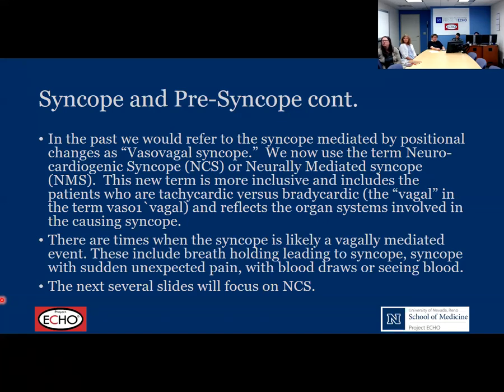So now we talk about it as neurocardiogenic syncope, which is the term I use, or neurally mediated syncope, which is another common term. So this will also include patients who, when they change from lying to standing, will have a tachycardia. And if they have blood pressure changes, that's referred to as postural orthostatic tachycardia syndrome.